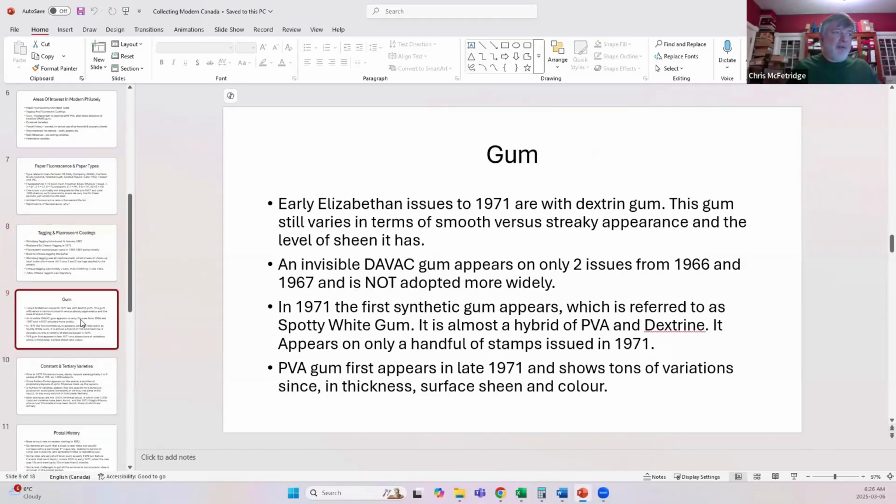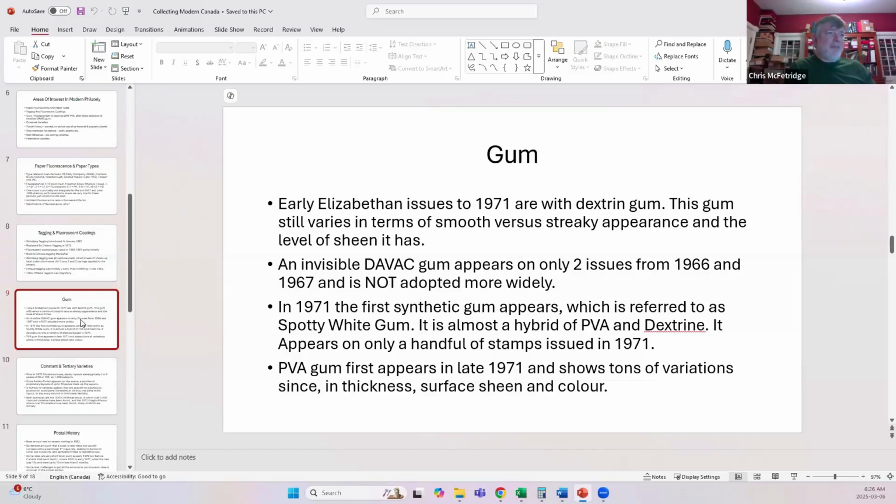So talking a little bit about gum, the early Elizabethan issues in Canada up to 1971 are dextrin gum, which is the standard shiny, animal-based gum that a lot of countries have. I mean, in England, you call it gum arabic, which is a little different, but still the same general principle.